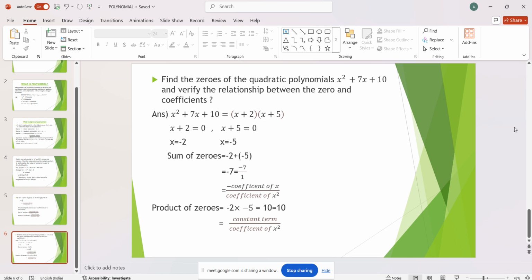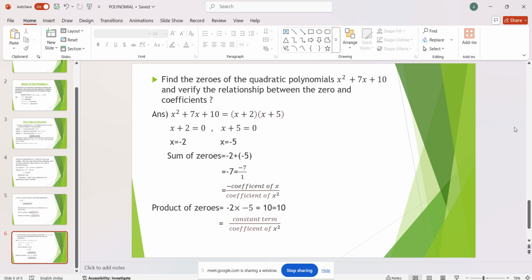Then the product of zeros: minus 2 into minus 5. Two minus signs make a plus, so that is 10, that is 10 by 1. That 10 is the constant term by the coefficient of x square.